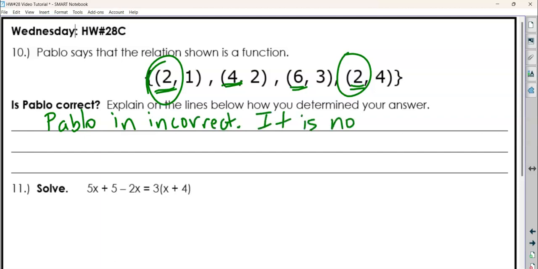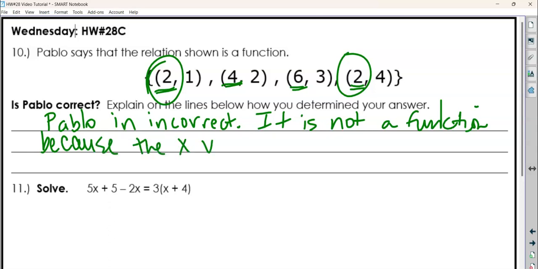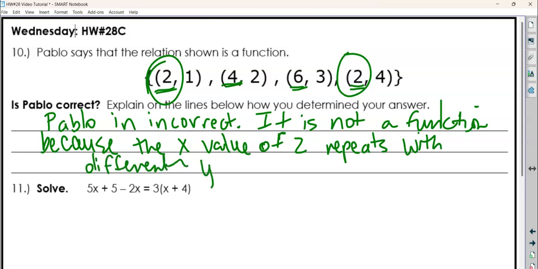It is not a function because the x value of 2 repeats, and you have to add this last part, with different y values. So you can't just say it has a repeating x. You have to say that it repeats with a different y.